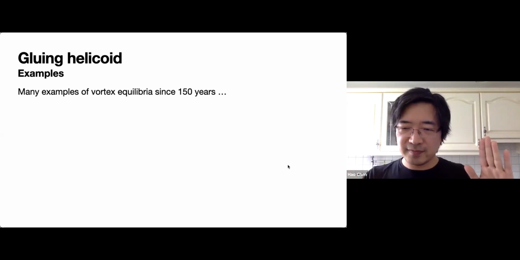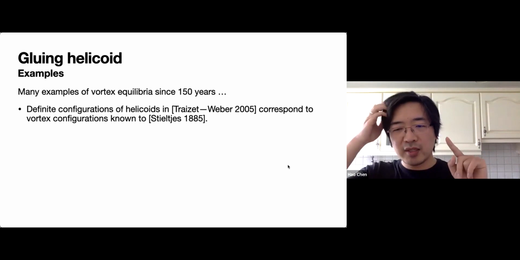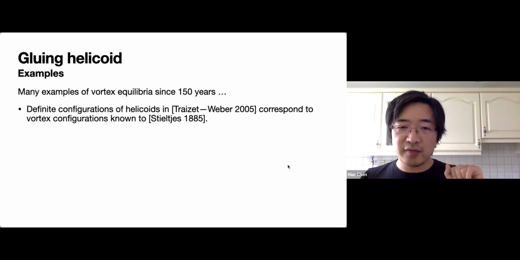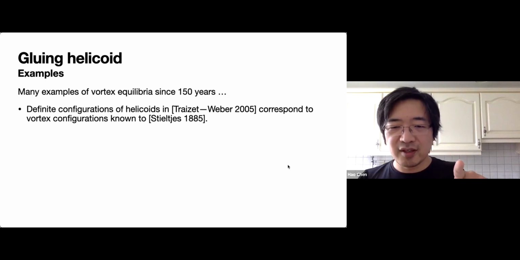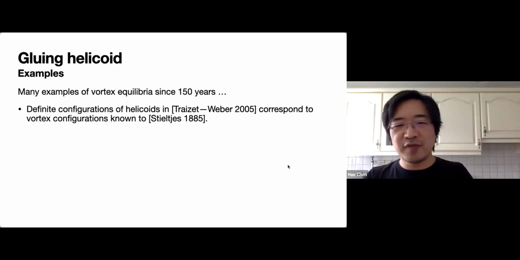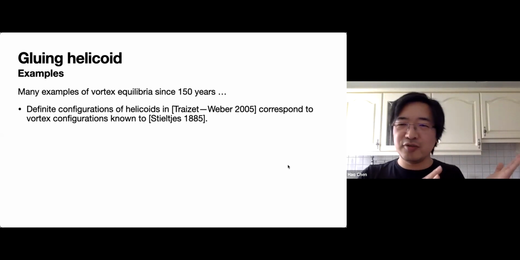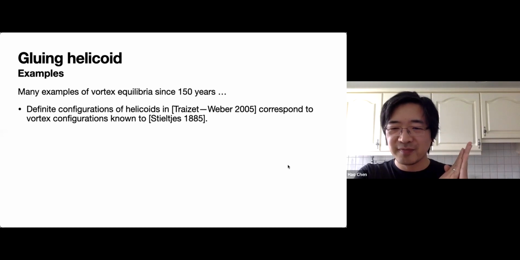For instance, one example obtained by Traizet and Weber in 2005 actually corresponds to a vortex equilibrium known in 1885. So if Traizet and Weber had gotten to know some more physicists, they wouldn't have needed to write down half of the proofs in their paper.